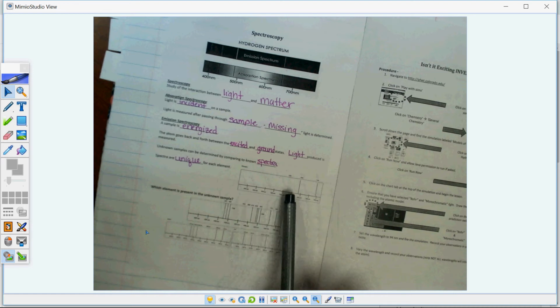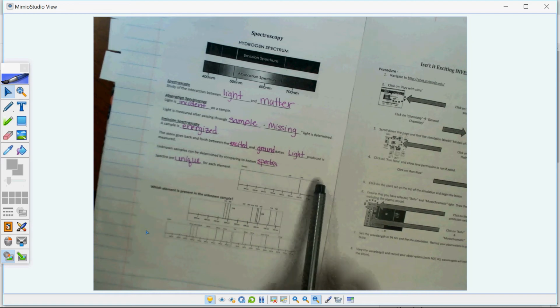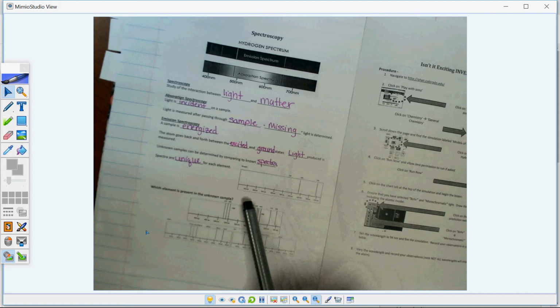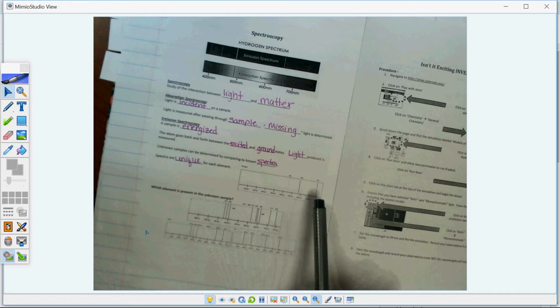It has 3 lines in these locations, and I've got these labeled with what's called wavelength. So these numbers are their wavelengths, and nitrogen is the only element that produces these 3 lines of those 3 wavelengths. So if I don't know what's in something, so like I got an emission spectrum right here, and it contains some stuff that is unknown to me, all I have to do is make a comparison to known spectra.